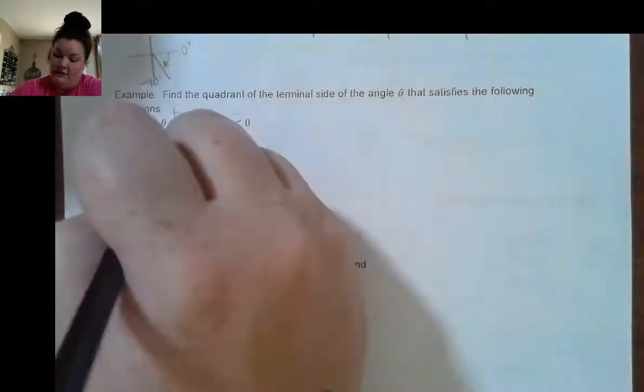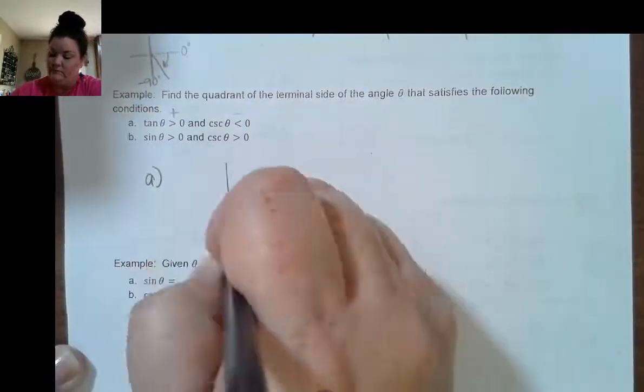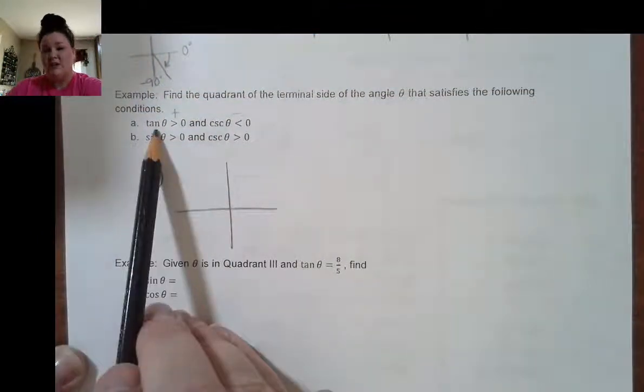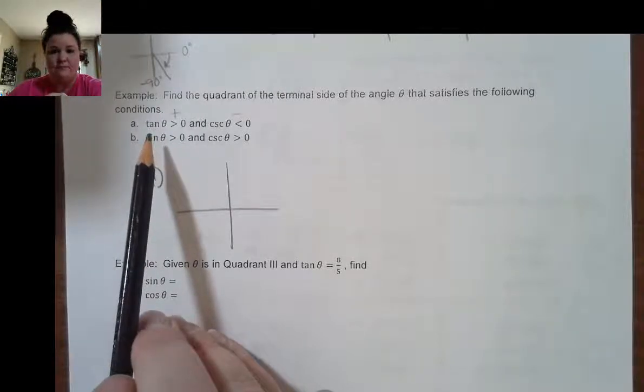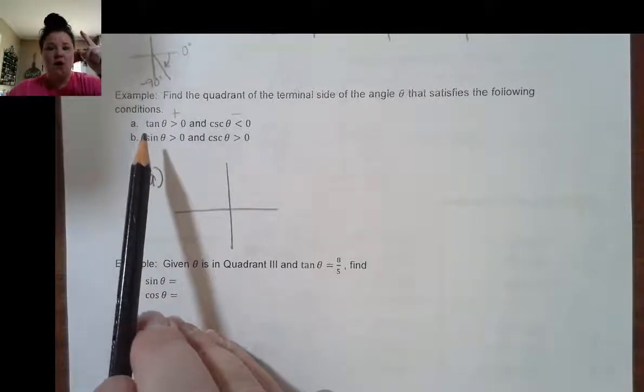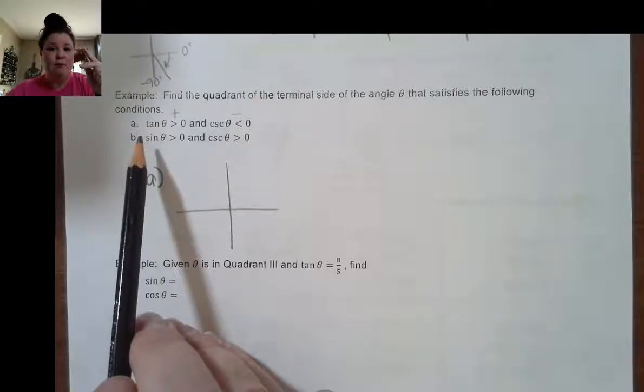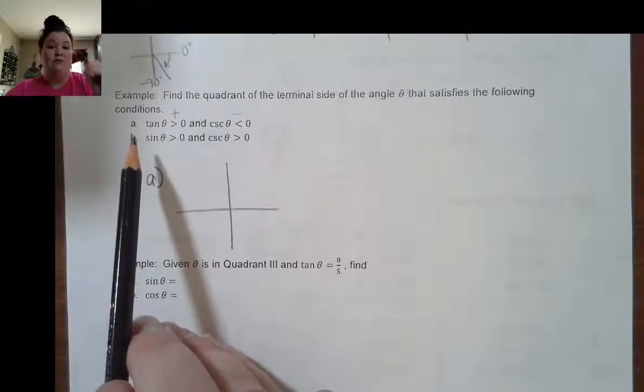I'm going to come down here and just draw my quadrants. Okay? So tangent, the places where I get a positive tangent is when my y over my x becomes positive. And the only time that my y and my x create a positive is if they are both positive or if they are both negative, right? Because a positive over a positive gives me a positive and negative over a negative gives me a positive.